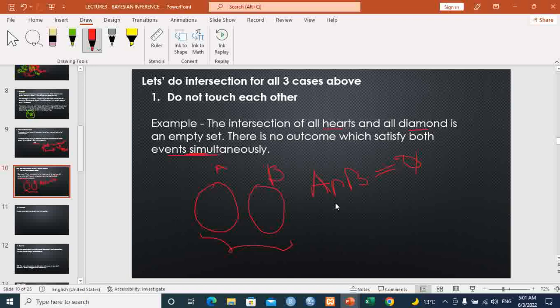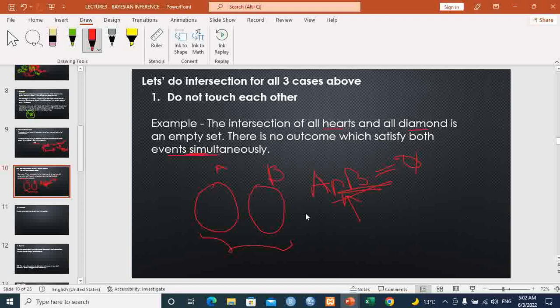We said intersection is the events happening simultaneously. For example, if we are drawing a card from a standard deck of playing cards, what is the probability of having heart and diamond? Remember, a card is either heart or diamond, and you cannot have a card with both heart and diamond.